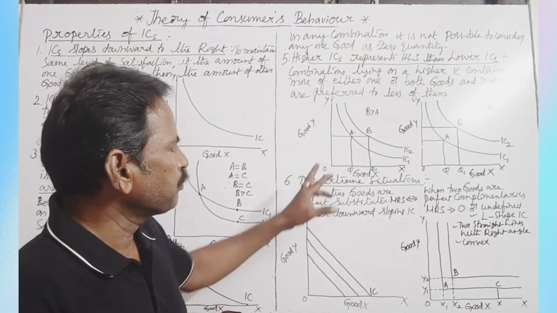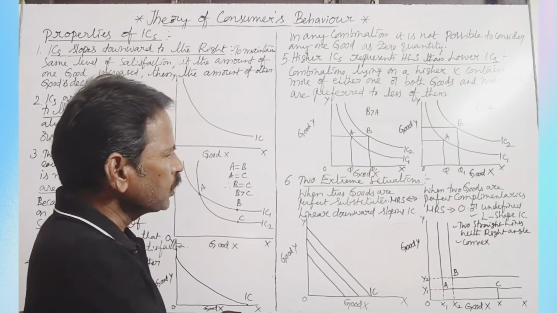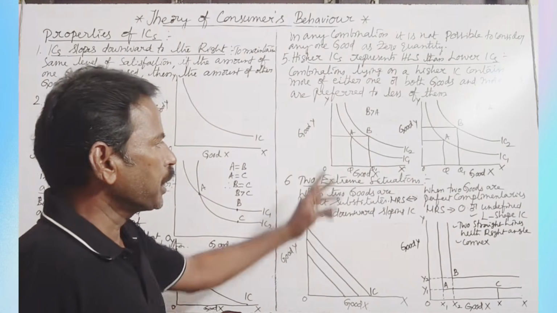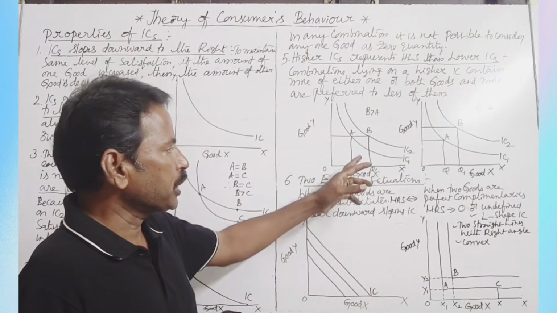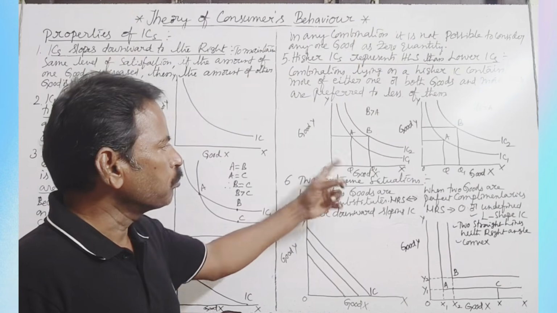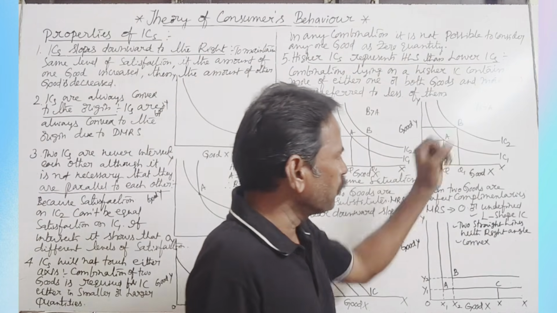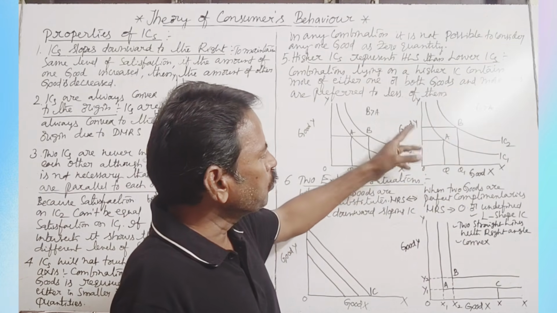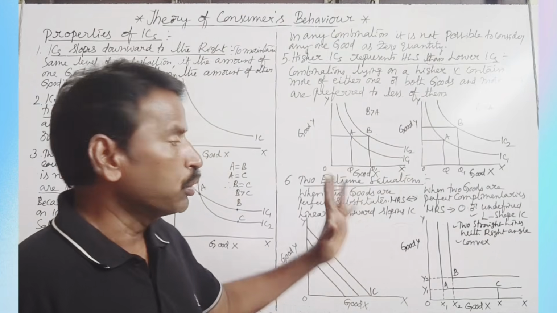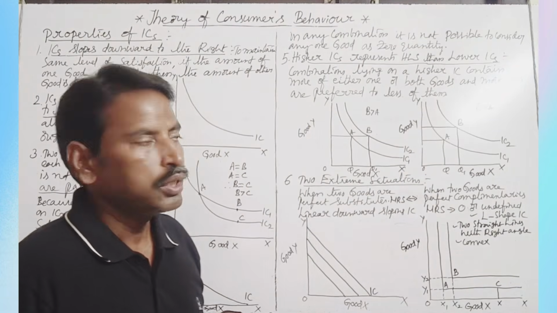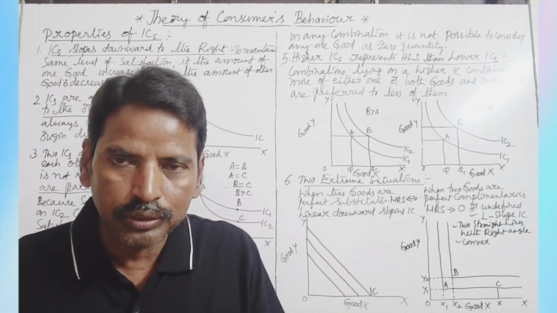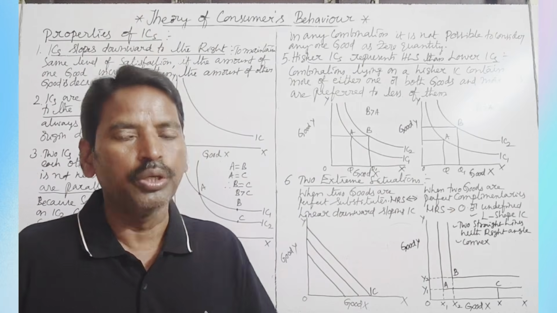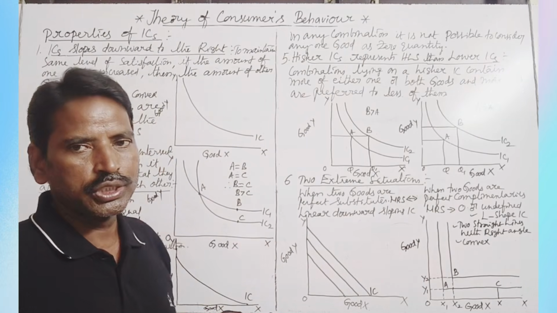In diagram A, B is greater than A. The consumer gets a higher level of satisfaction on IC2 because of more of good X. Coming to diagram B, the consumer gets higher satisfaction on IC2 because of more of both goods, good Y and good X. So a higher indifference curve represents a higher level of satisfaction because of more of one good or more of both commodities.